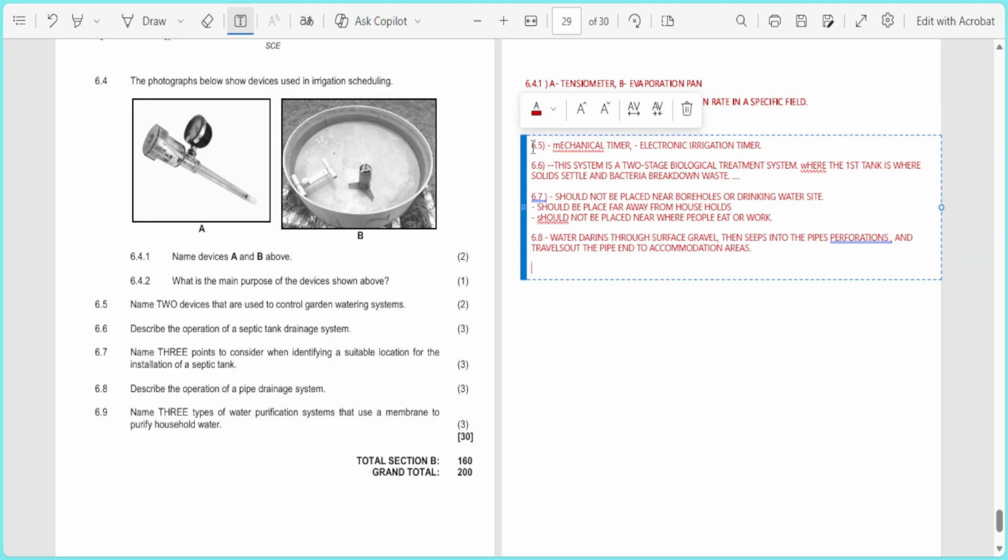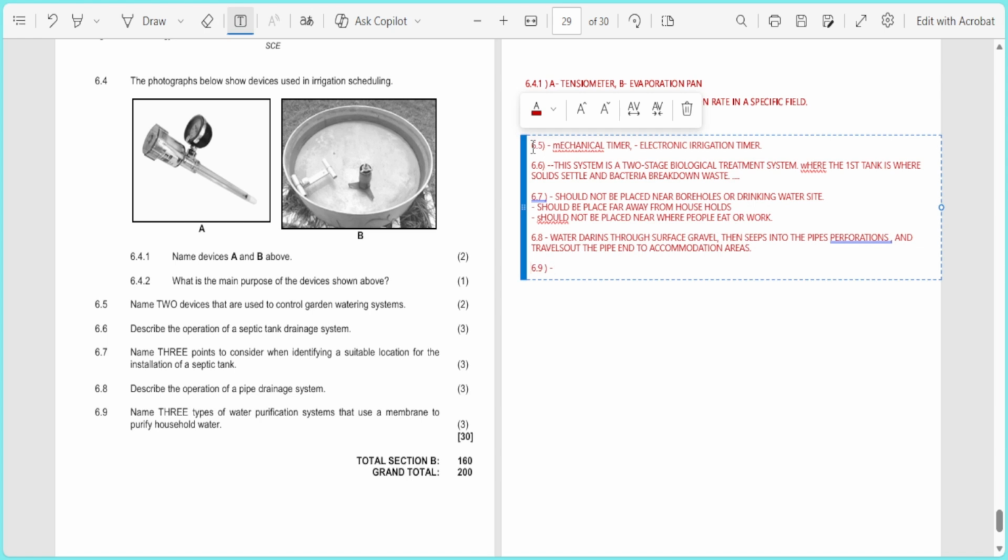6.9. Name 3 types of water purification systems that use a membrane to purify household water. I have this one at my place.